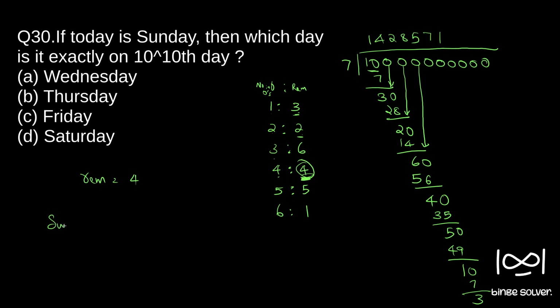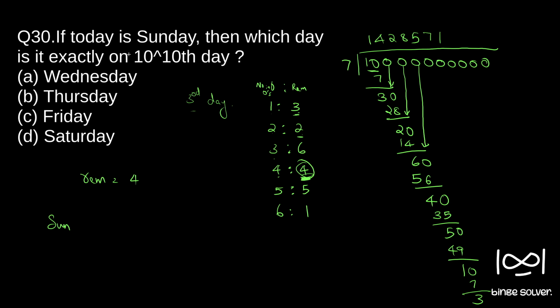Now, Sunday. If today is Sunday, then which day is it exactly on 10 raised to 10th day? Let's just confirm, for easiness, say exactly on the 3rd day. If it was exactly on the 3rd day, what would happen? Sunday, and we add 3 to it, right?